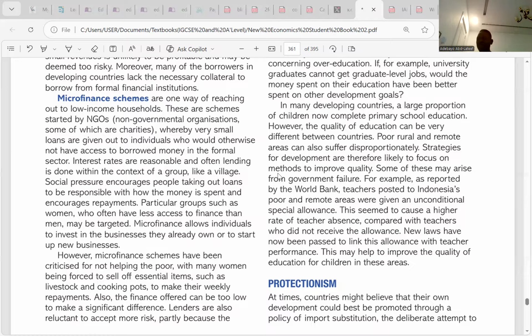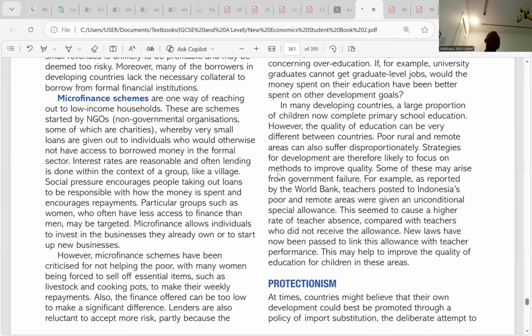So for microfinance, we're simply talking about a scheme that is closer to the grassroots. And how are they efficient? They are efficient enough because of social pressure, number one, and they are attractive to low income households who have existing businesses to finance or who are thinking about starting up a business.